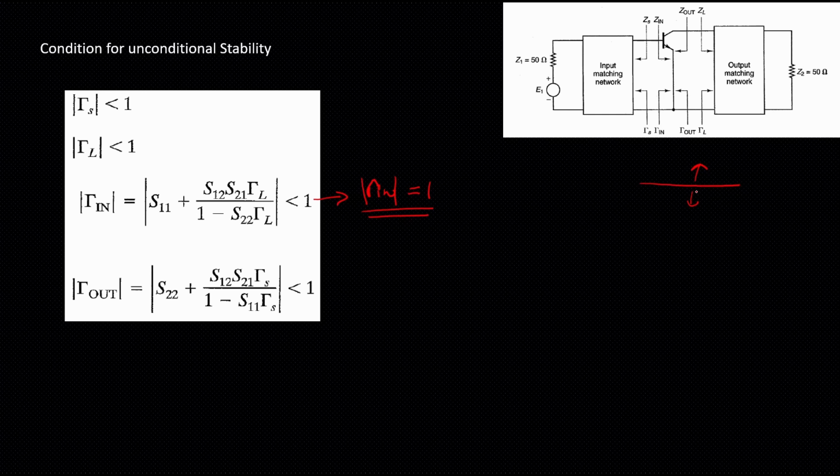To get that boundary, we will take this equation and we will do it for gamma in, and the same thing is valid for gamma out also. For gamma in, we will assume that our gamma L is already less than 1, because gamma L is in our hand.